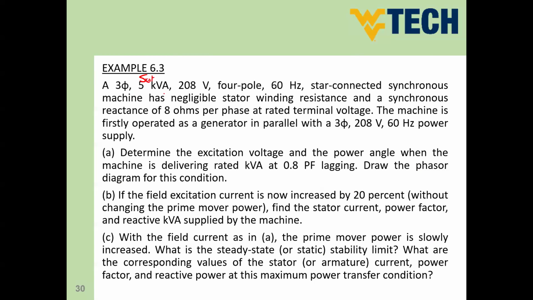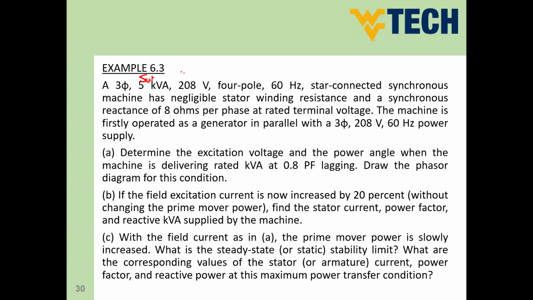What is the meaning of S rated? This is the rated apparent power of the machine. Does it mean our machine is going to work at this power, or it can be loaded with a different value? For sure, it can be loaded with a different value. But if it is mentioned that the machine is full load or working at rated, this means the machine is working at 5 kVA.